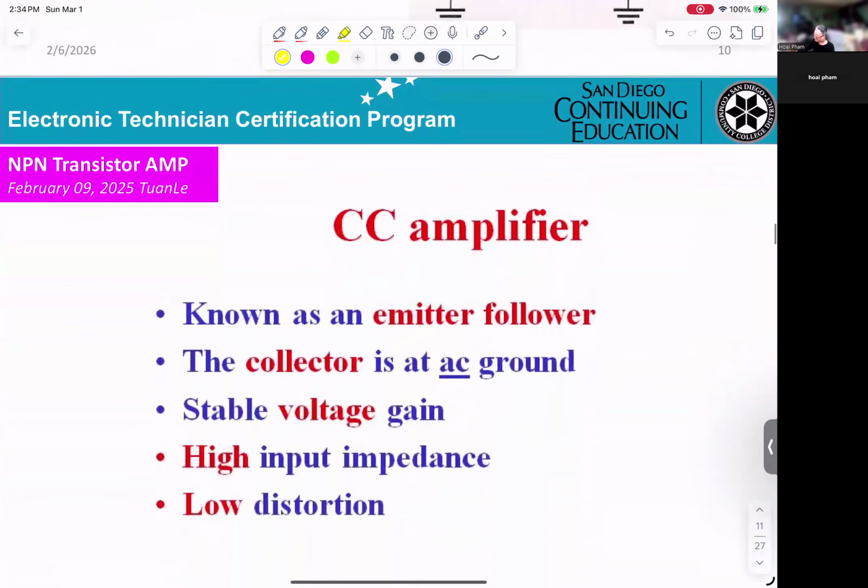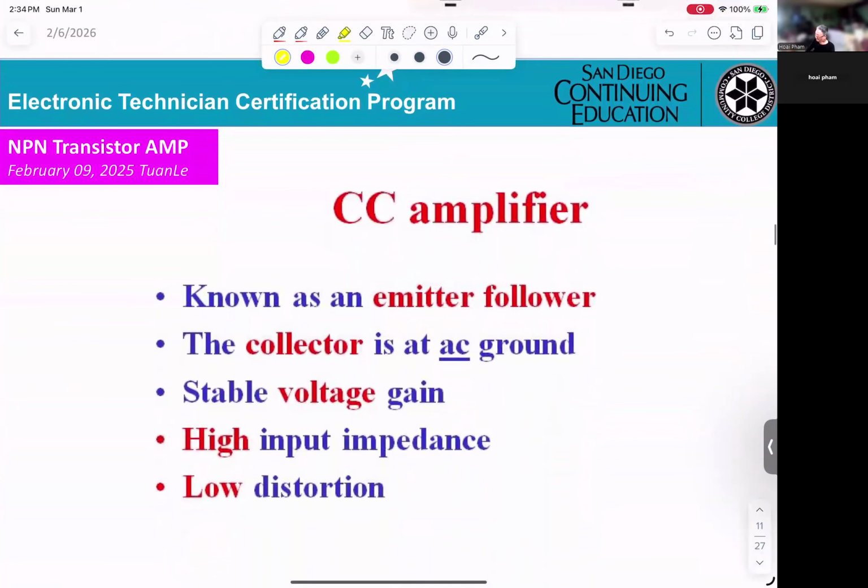Now, next one. We're talking about the common collector amplifier. This amplifier can get another name, emitter follower.